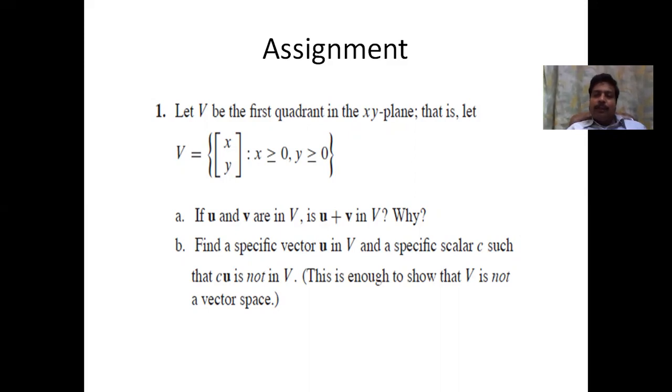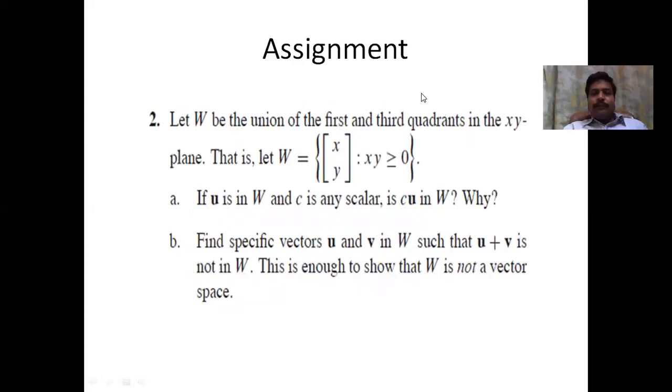If I multiply with -5, I will get the point (-5, -5). That will not be in the first quadrant. So here one of our vector space properties holds.